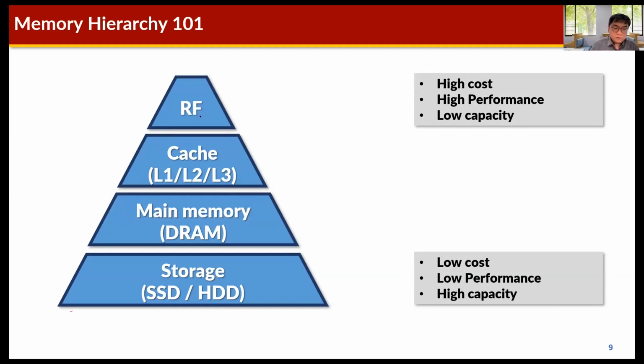You can find that the register file is on the top of the memory hierarchy. And what is the feature of this register file? It's high cost, very expensive, and high performance, low capacity. So we know that the size of the register file is very, very small. But why do we need the register file? Because the register file is located very inside of the processor core.